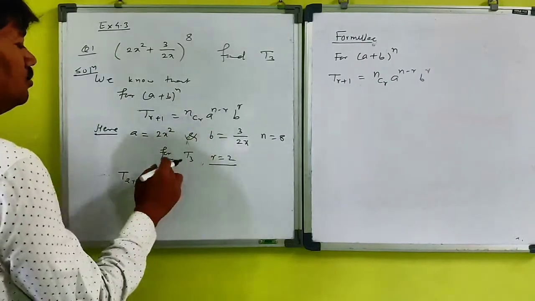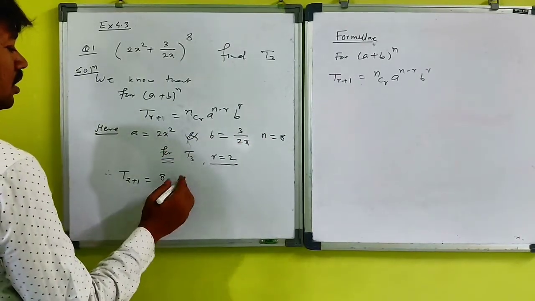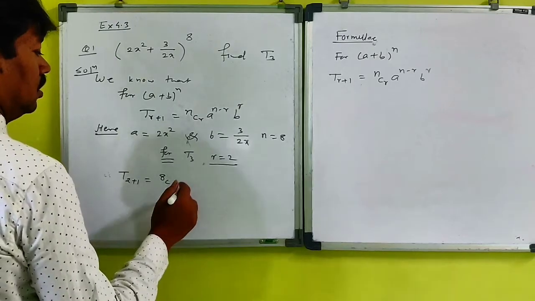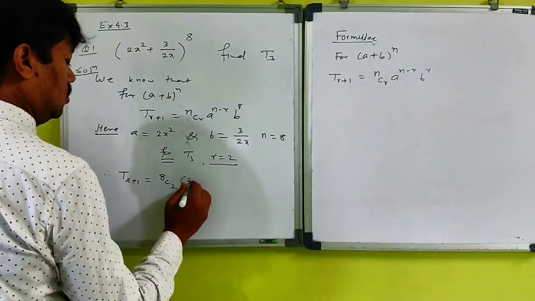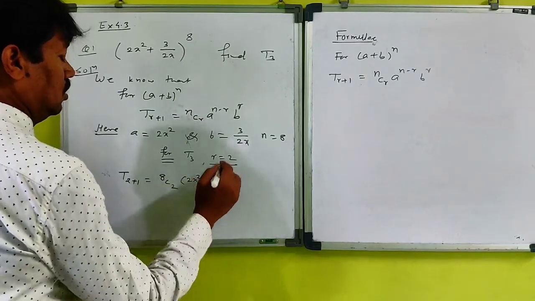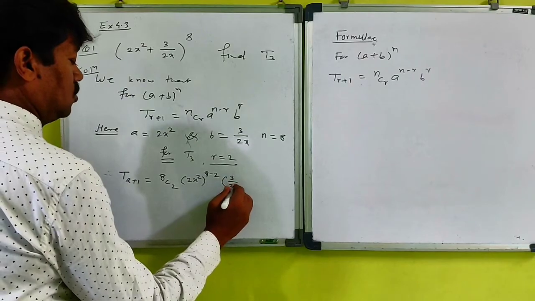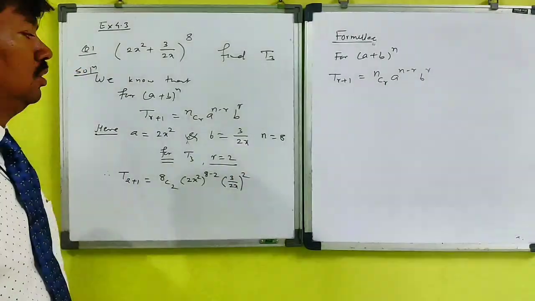Now just substitute the values here. n is 8, r is 2, so 8C2, then a is 2x squared raised to 8 minus 2, b is 3 upon 2x raised to 2, like this.